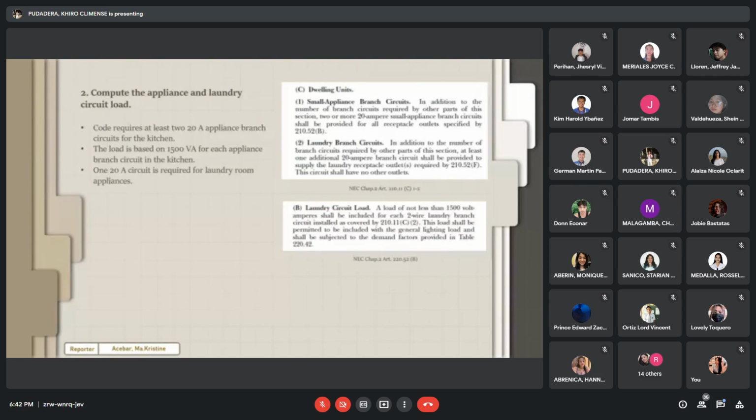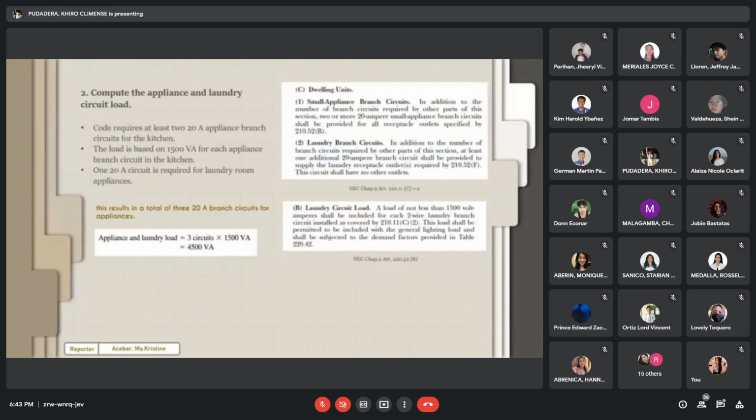In addition, one 20A circuit is required for laundry room appliances. For the residential system example, there are three 20A branch circuits for appliances. So 3 circuits times 1,500 VA is equal to 4,500 VA. So mo na siya ang appliance and laundry load.